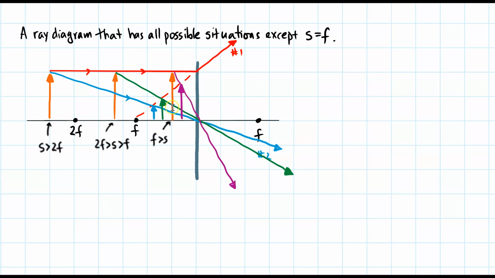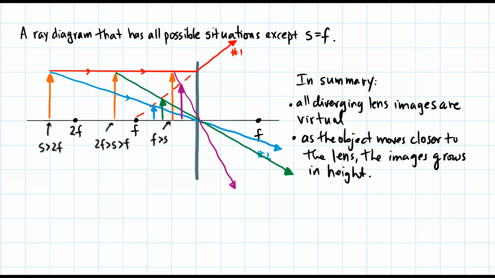When the object is inside the focal point, you could see here that this violet ray image is larger than the rest. So as the object moves towards the lens, you see the image move towards the lens and grow in height.